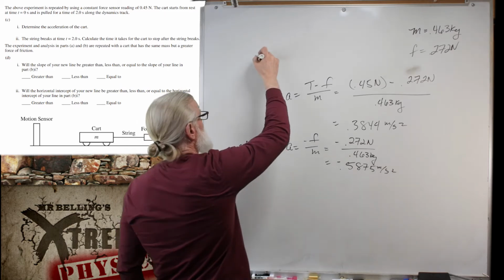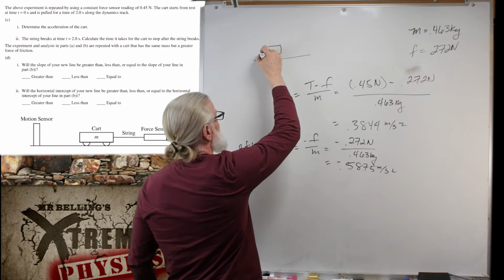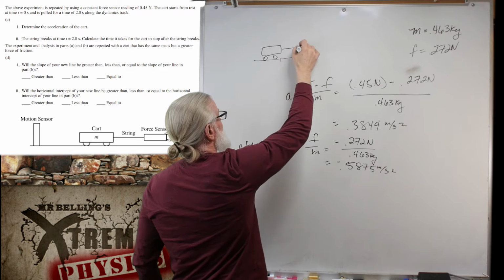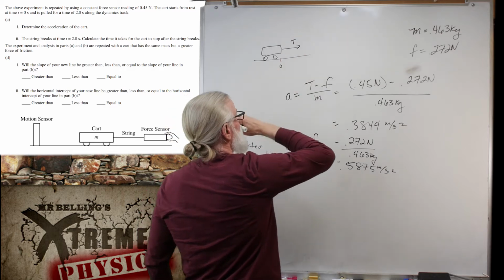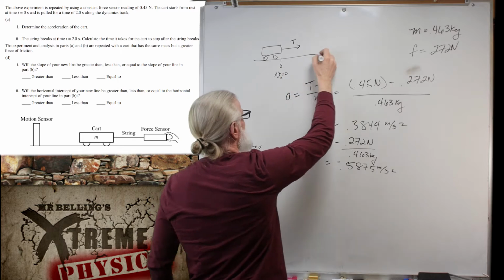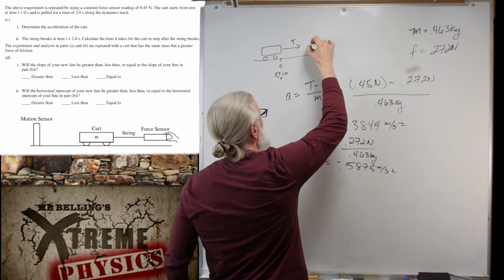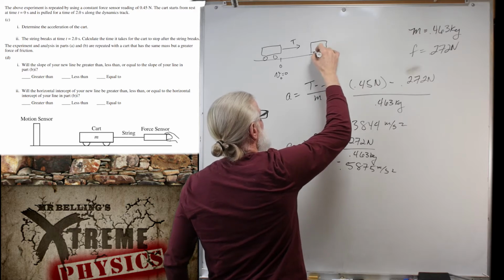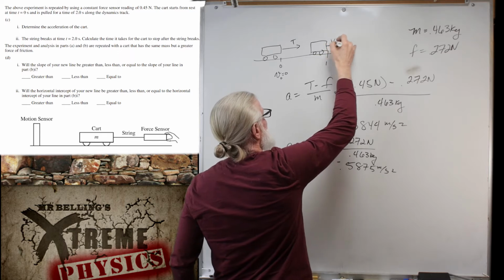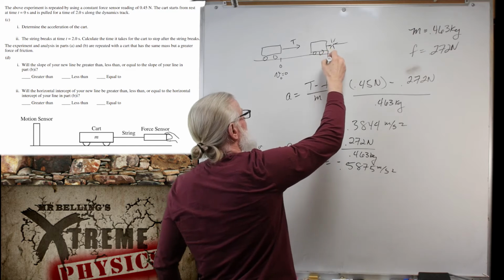So I'm going to draw myself a picture because I'm getting confused, right? And we got t, and at 0, V0 equals 0. And then at time 1, the string breaks there. Here's the string, and it breaks. I don't know why it broke.